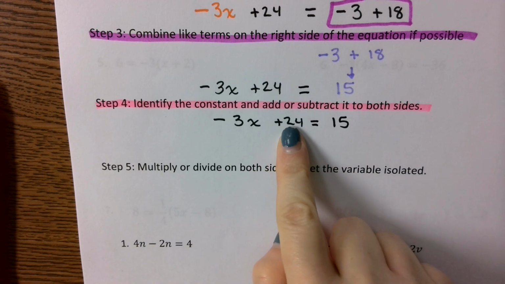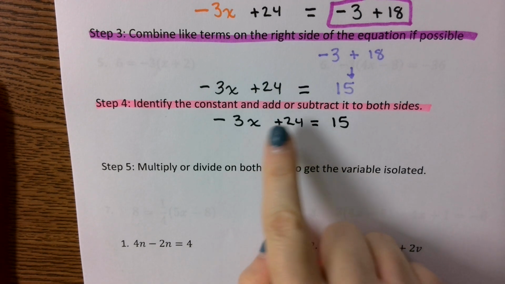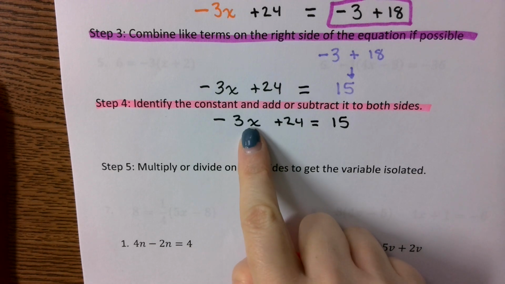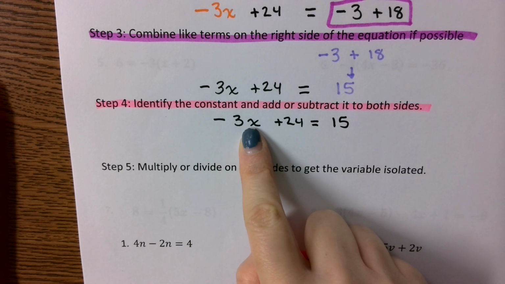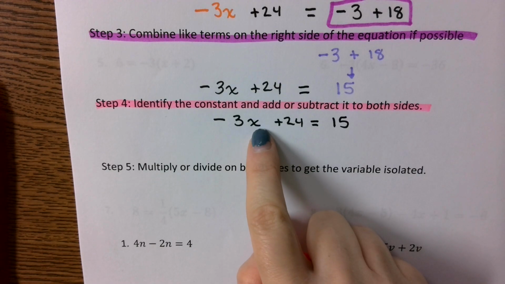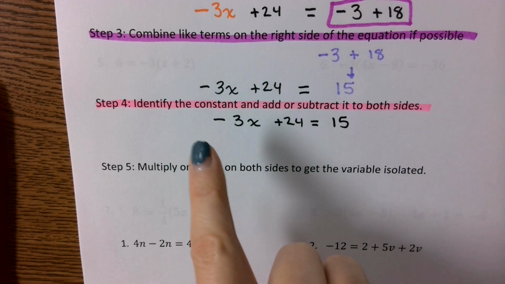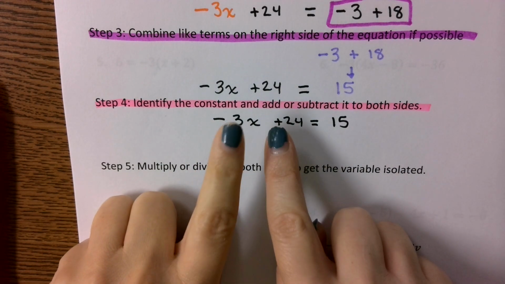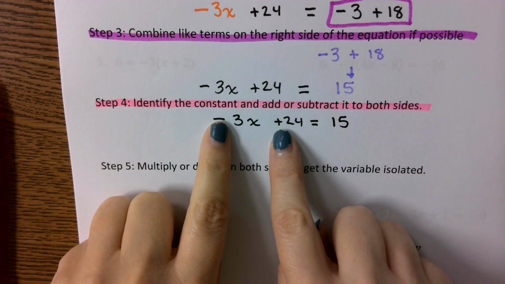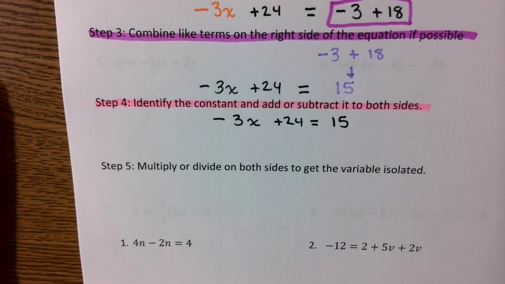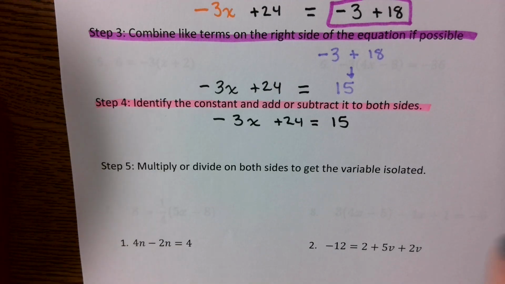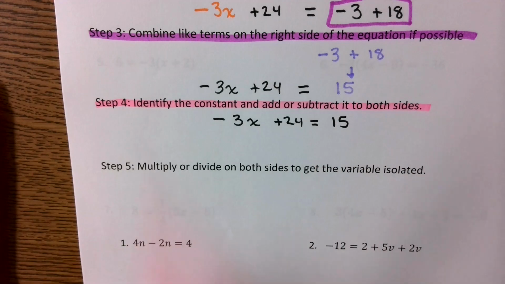The reason we're focusing on 24 is because we're focusing on isolating our variable. We want to isolate our lettered term so that it's just that value by itself. So that means everything that's around it or on the same side as that variable needs to be moved to the other side. Okay? So for here, we are focusing on just the 24.